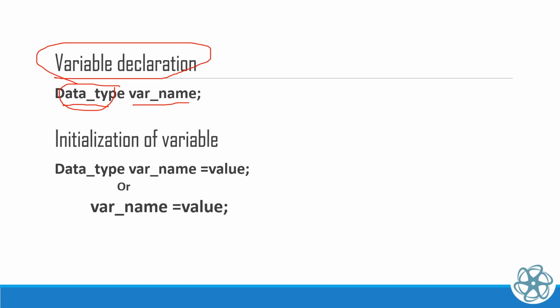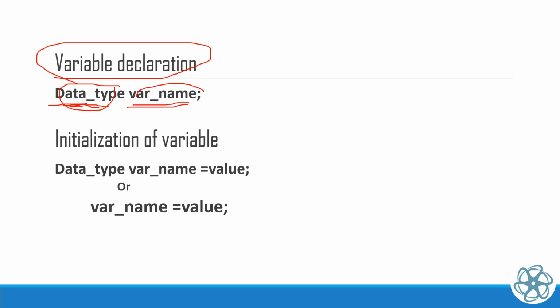Data type means, in simple terms, the type of variable you are going to create. We have to give its variable name. About the data types we are going to learn in the next video.